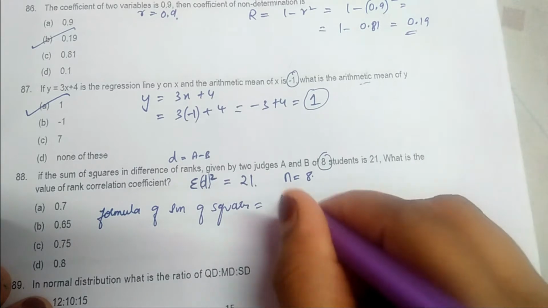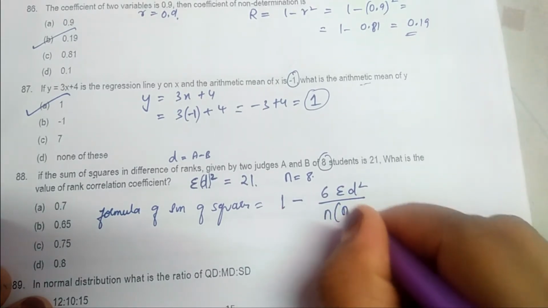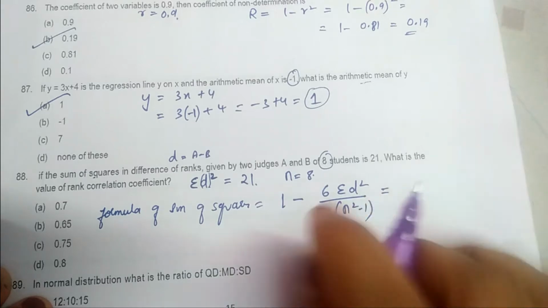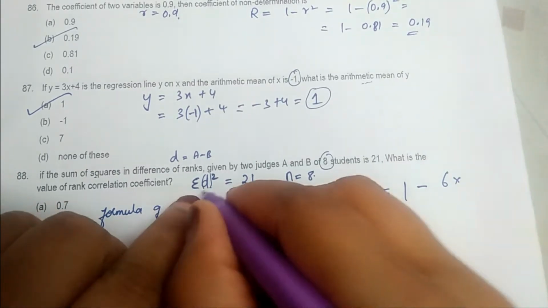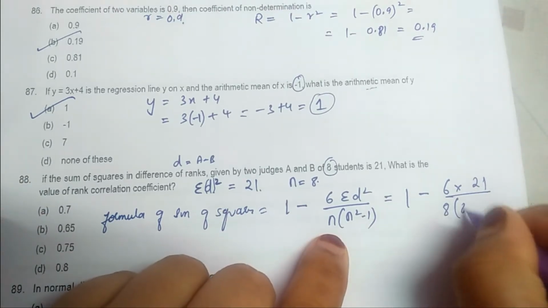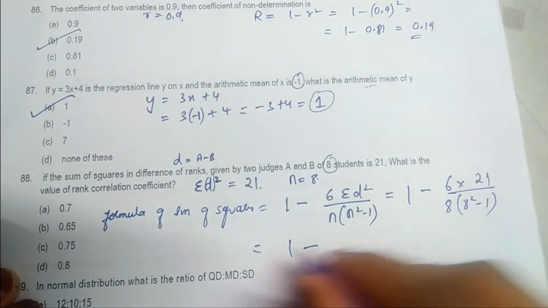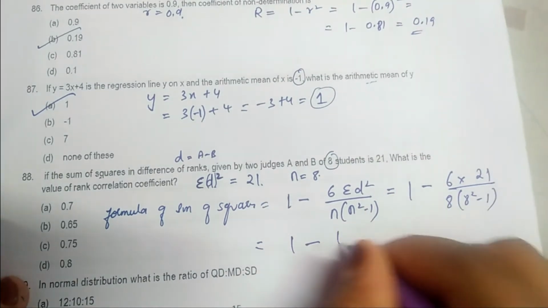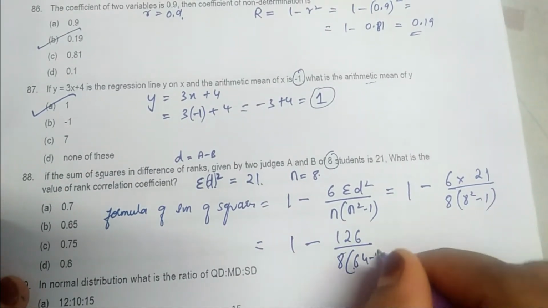Using Spearman's method, it is 1 minus 6 sigma d square divided by n into n square minus 1. Now substitute all these values: 6 sigma d square is 21, divided by n, which is 8, into 8 square minus 1. So 1 minus 6 into 21, which is 126, divided by 8 into 8 squared, which is 64, minus 1.